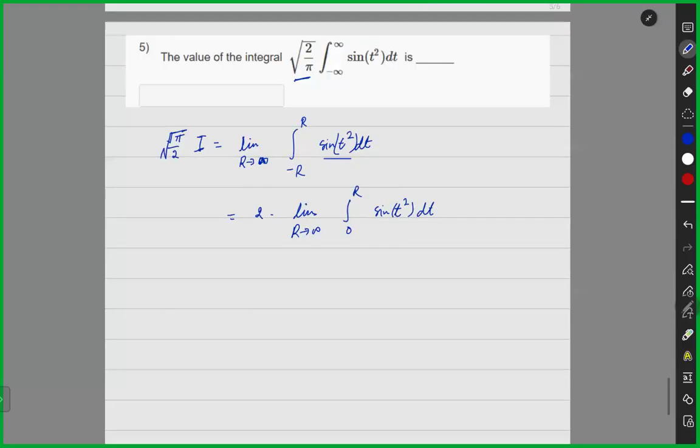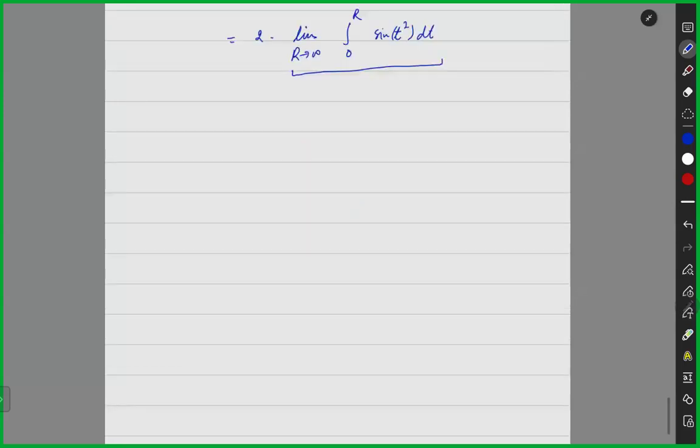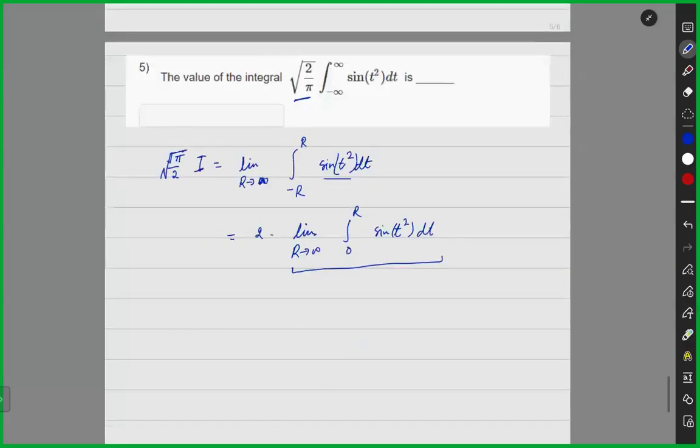Fine. Now everything is clear. This value has been calculated in the classroom, but because we have time, we can calculate it once more so that you understand this well.